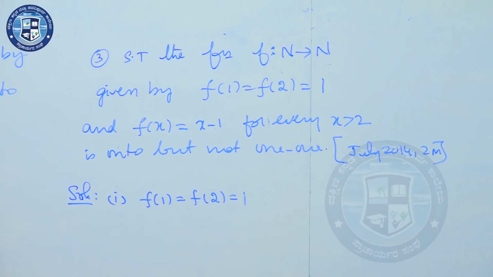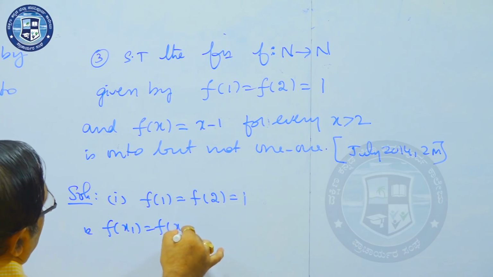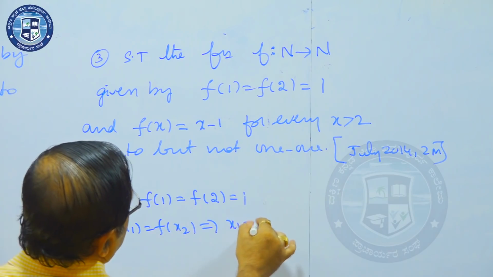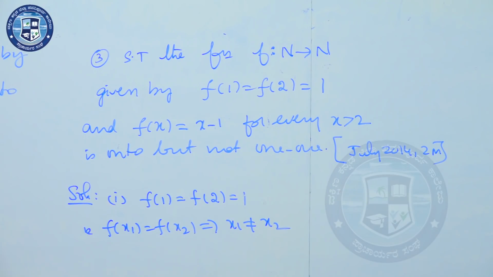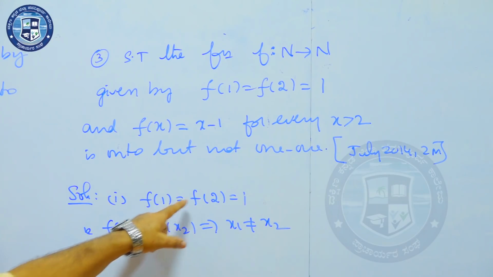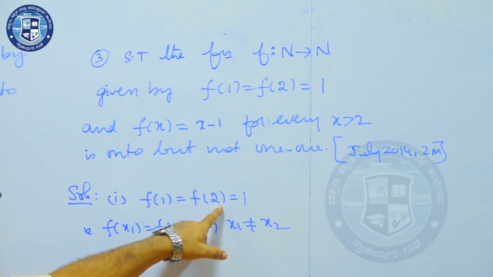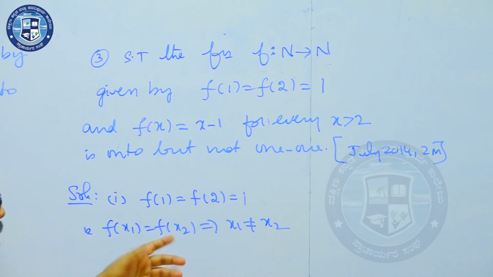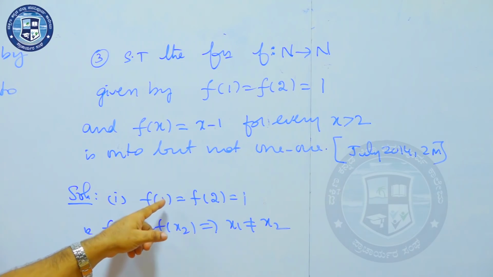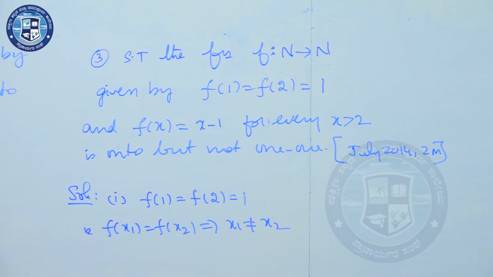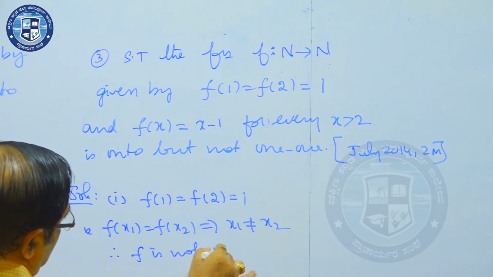Their images are equal. That is, f of x1 equal to f of x2 but x1 is not equal to x2. Why? Here can we have 1 equal to 2? No. Actually, what is the one to one definition? f of x1 equal to f of x2 should imply x1 is equal to x2. But here we cannot have 1 equal to 2. Therefore, f is not one to one.